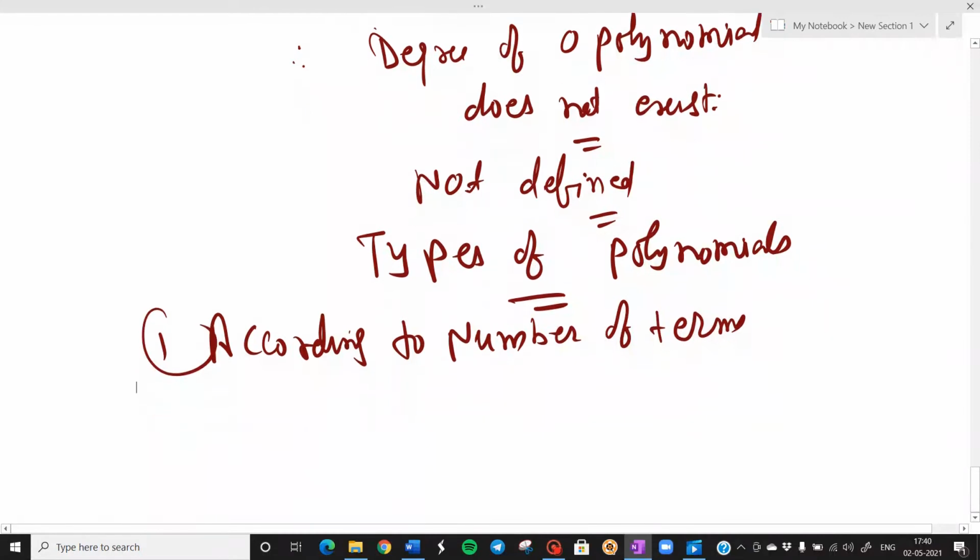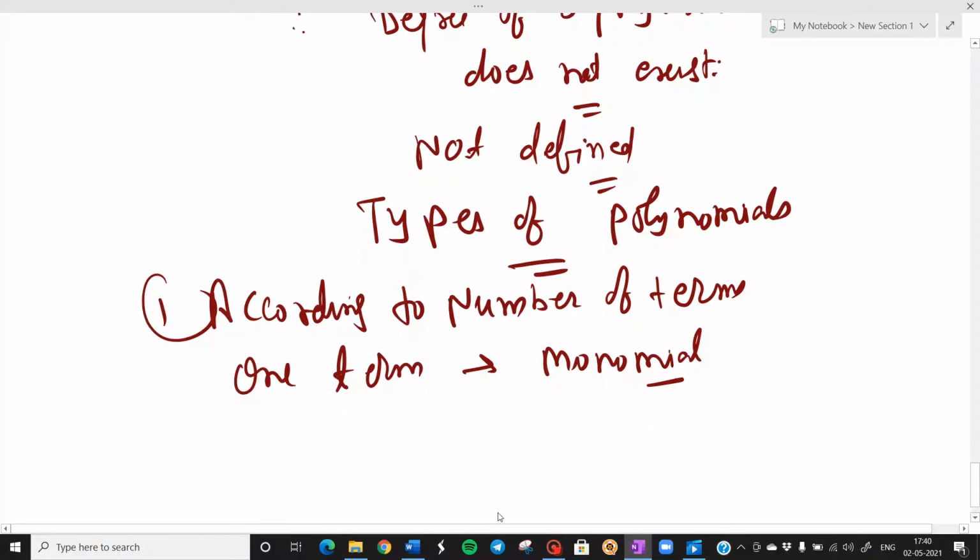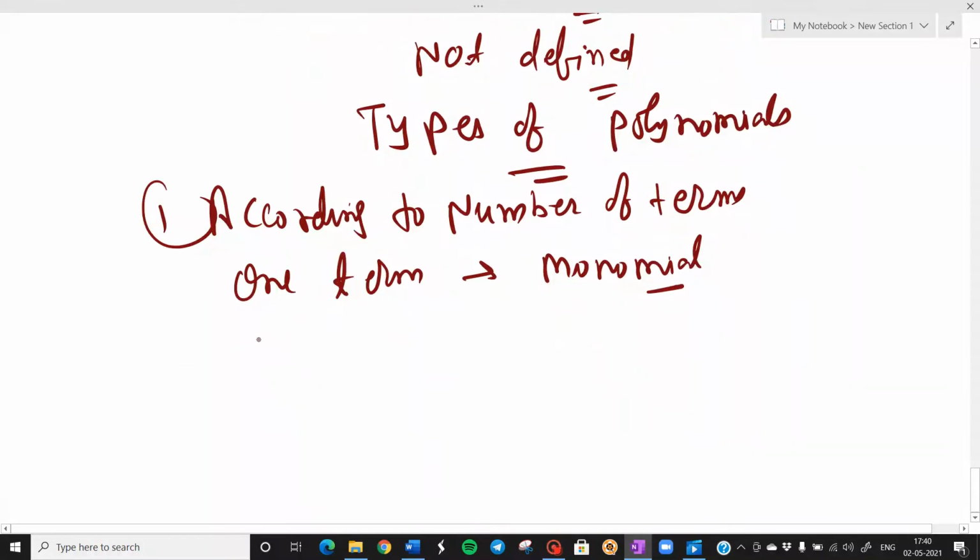First, if the number of terms is 1, if there is only one term, it is said to be monomial. That is what I am taking here, 3. Yes, it is a polynomial having only one term, so this is monomial.